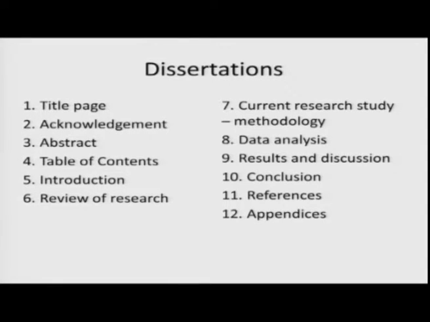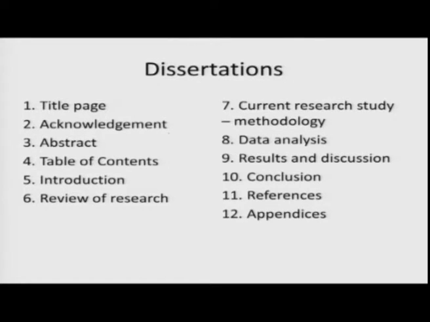So, first is a title page. As we have seen in the case of research reports and research proposal, title has to be short, it should clearly capture the essence of your study. Then acknowledgement, here you thank all the people who have directly and indirectly helped you.